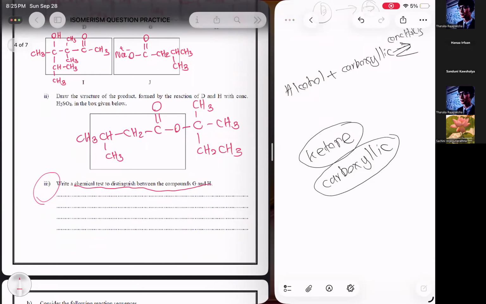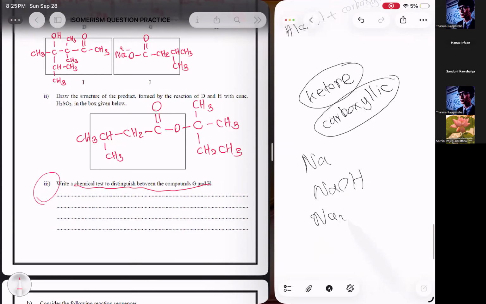I didn't give this in identifications because you have to learn this under acidity variation. Under acidity variation we add sodium, sodium hydroxide, and we are adding sodium carbonate also. So we are looking at the different variations between these three: which compounds react with sodium, which react with sodium hydroxide, which react with sodium carbonate.